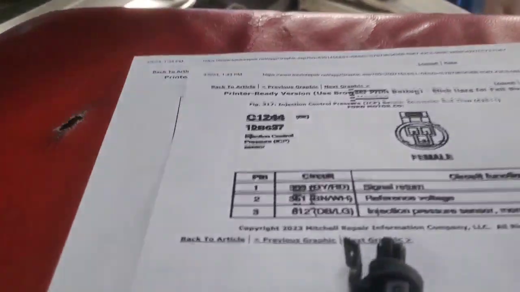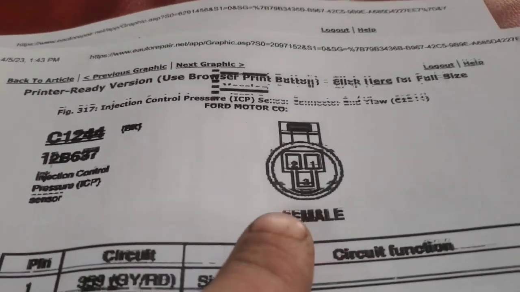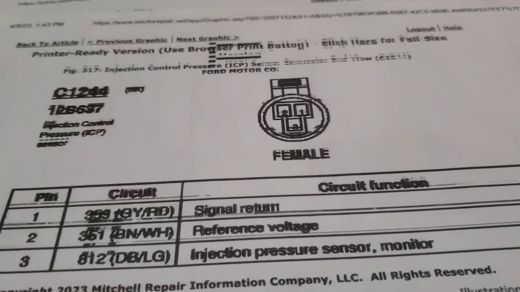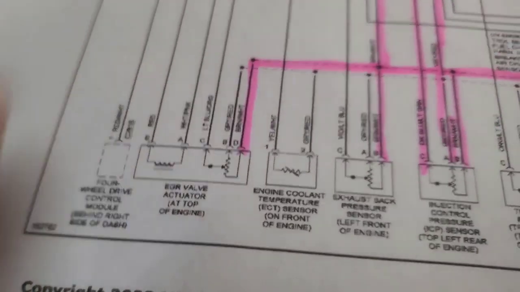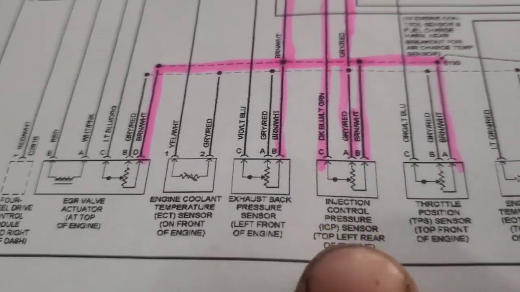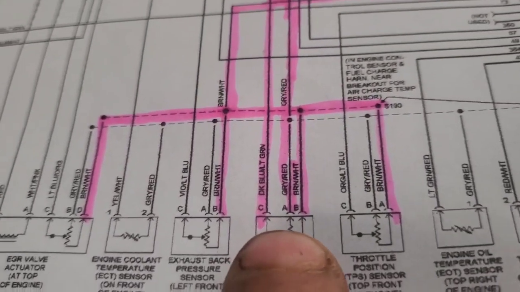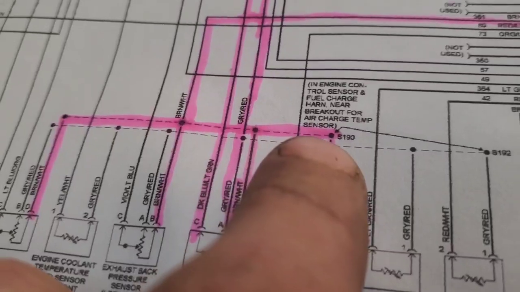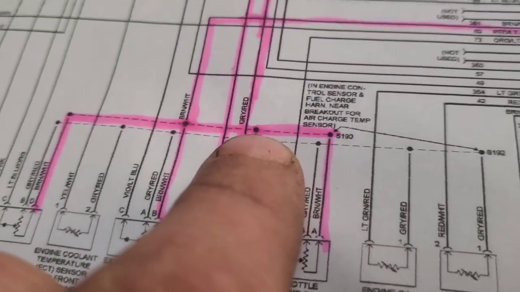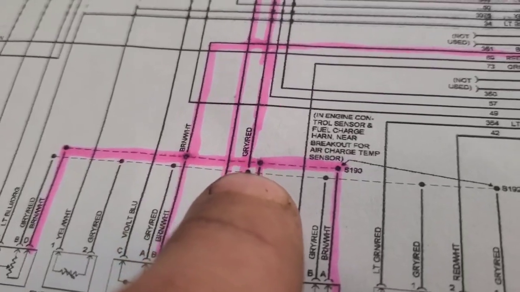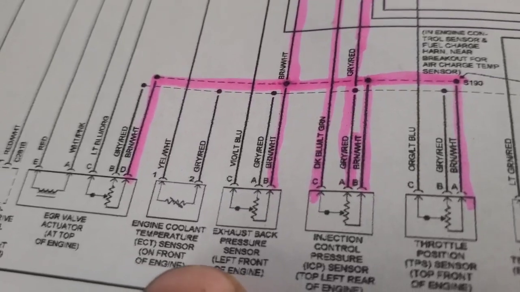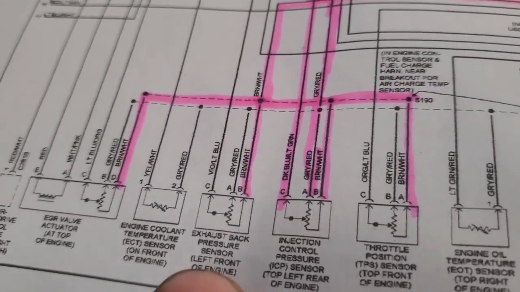But anyways, what we got here is a picture of the connector with what each one does. Looks like I got a wiring schematic right here, and we got our ICP right here. So we've got this brown and white. That's going to be our 5-volt reference. You see they're all kind of daisy chained here into this splice 190. You can see that all these sensors are spliced: the EGR valve actuator, the exhaust back pressure.